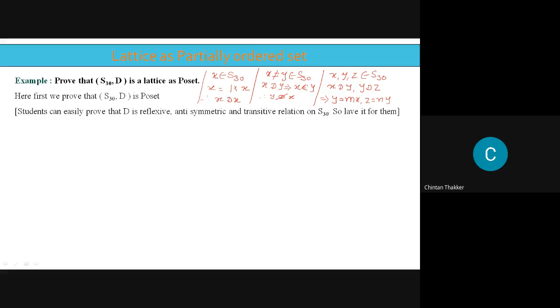In z we can replace y, so z equals n into m into x, which gives you x divides z. So it is transitive also, therefore S30 comma D is a poset.